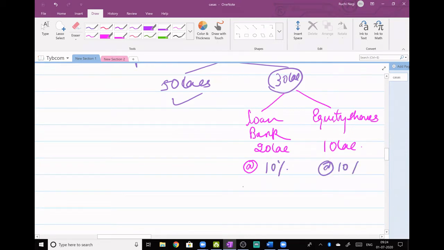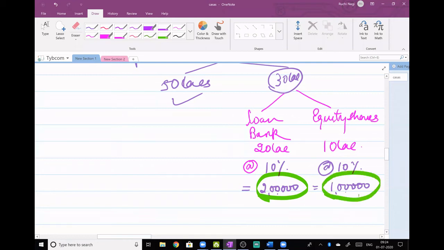Okay, so 10% of 20 lakhs is how much? 2 lakhs. And 10% of 10 lakhs is how much? 1 lakh. Right? So beta, this 2 lakhs and this 1 lakh, this is interest and this is dividend. Everybody agrees to this? One is interest and one is dividend.